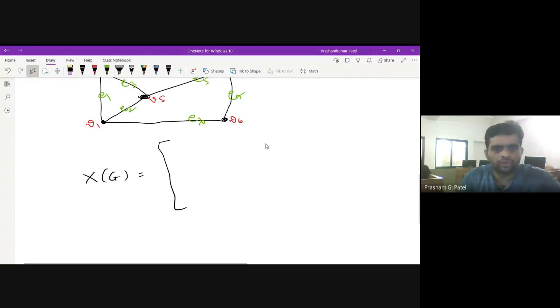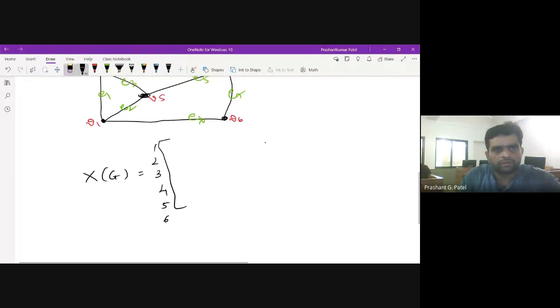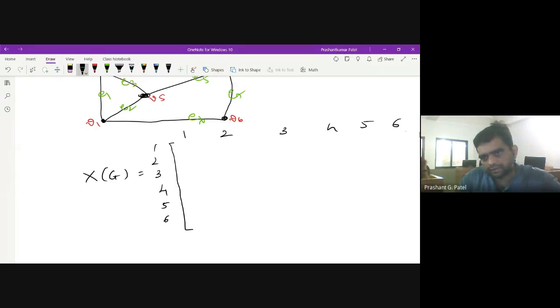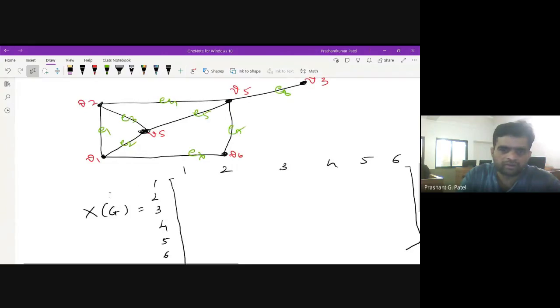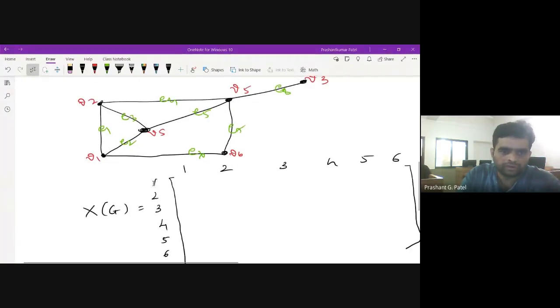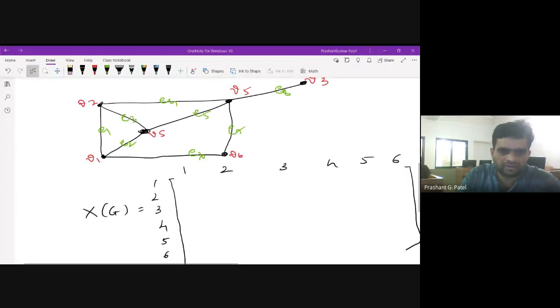I just write down 1, 2, 3, 4, 5, and 6 here. There are no parallel edges and no self loops. So for V1, 1, 2, 3 represent the vertices.